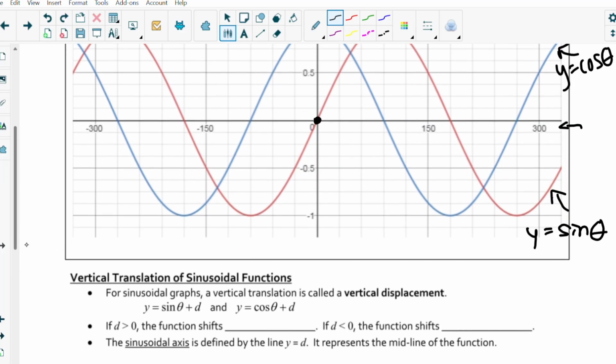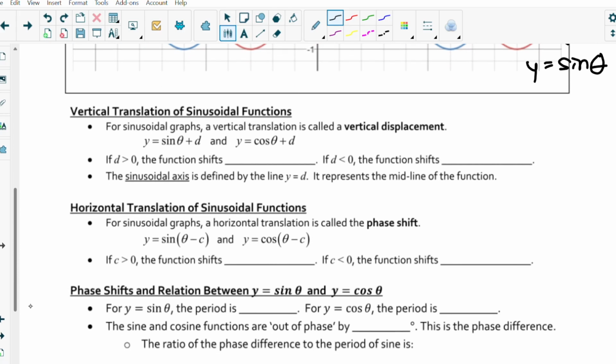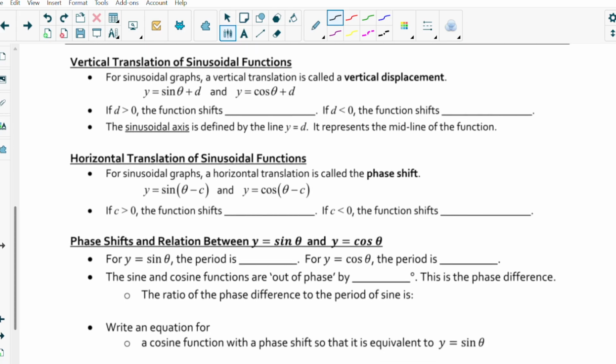Let's talk about the various transformations of our sinusoidal function. So first is our vertical translation. It works a lot like when we did function transformations. It works exactly like the k value, except here for sinusoidal graphs, a vertical translation is called a vertical displacement, and we use the letter d in each case. y equals sine of theta plus d, and y equals cosine of theta plus d.